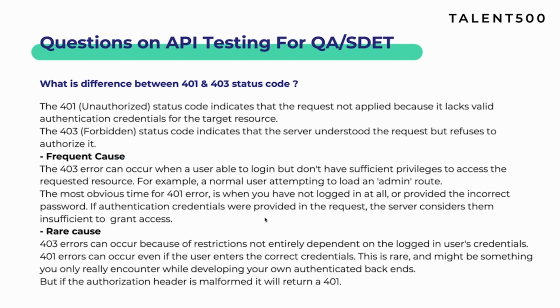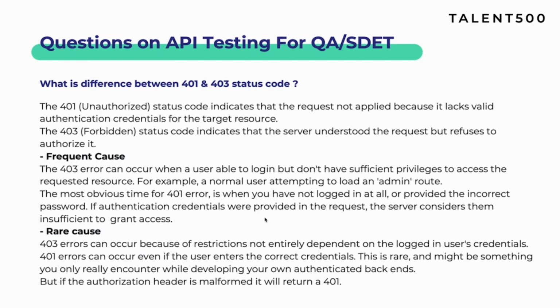For example, there is a table called admin data, right? And you have logged in as a normal user, and you are trying to access data from the admin table. In that case, what will happen? Though your credentials are correct, you are a normal user, so you don't have access to read or write the file from the admin data table, right? So this is a real-time example.